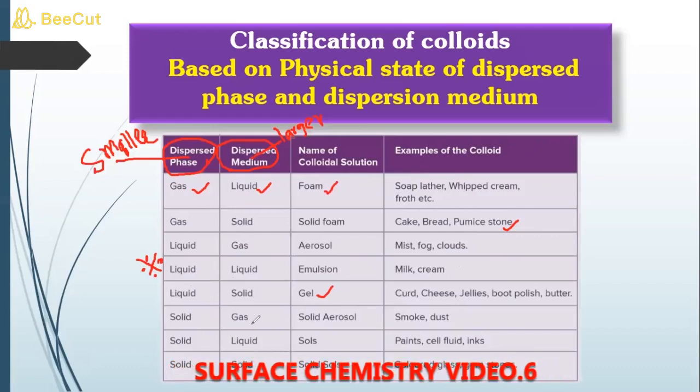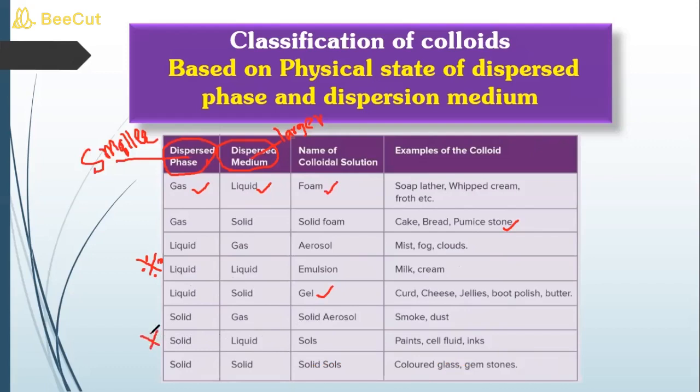Solid in gas is called solid aerosol. Examples: smoke and dust. Solid in liquid, again a very common colloid, is called sol. Examples are paints, cell fluids, and inks.